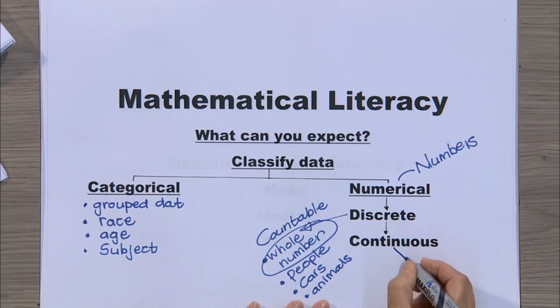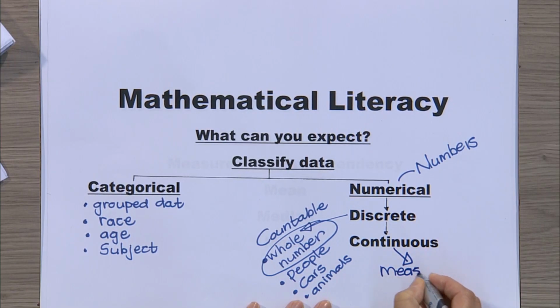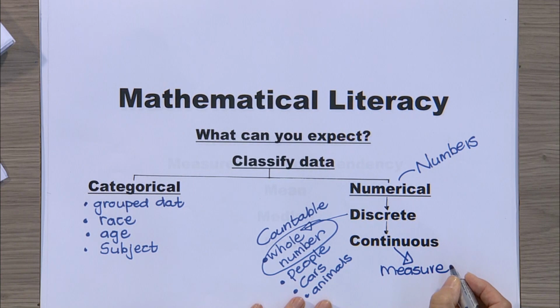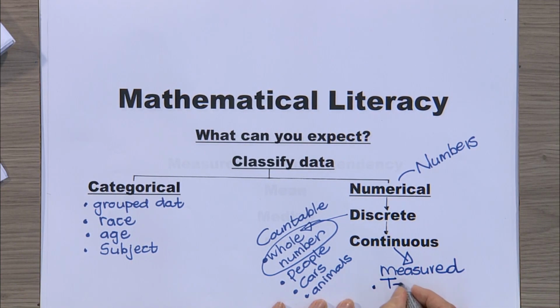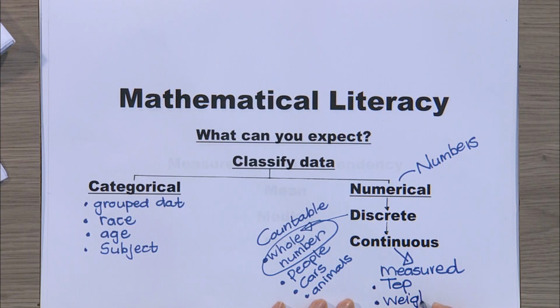So what is continuous data then? Continuous data is data that can be measured. So for continuous data, we measure. Something like today's temperature is data that can be measured. Or your weight.